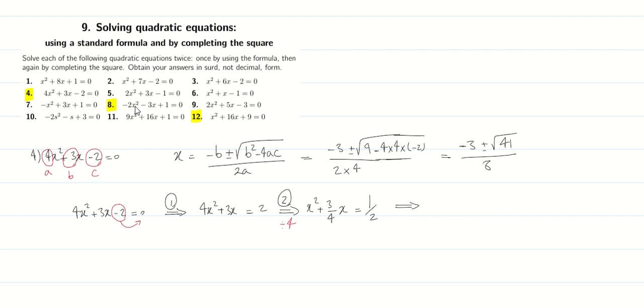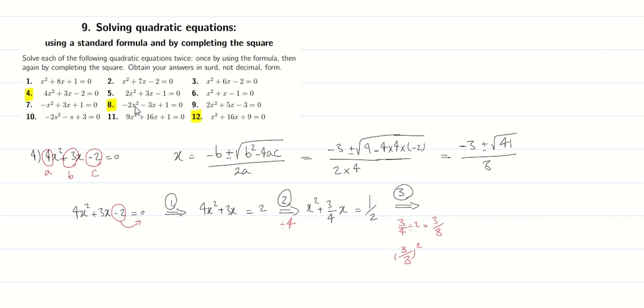Now on the third step, we want to divide the coefficient of x by 2, then square it and add it to both sides. So the coefficient of x is 3 over 4 currently. We want to divide it by 2, so it would be equal to 3 over 8. Then we want to square it, which would become 3/8 squared. And we want to add this value to both sides of the equation.